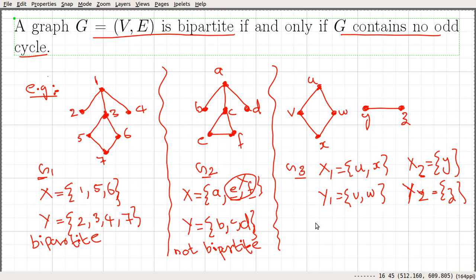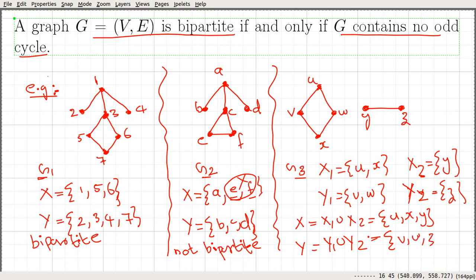In order to find the whole partition, we take the union of x1 and x2. In this case our x partition will contain u, x, y, and our y partition will be y1 union y2, and that is equal to, not u, I think, v, w, and z.